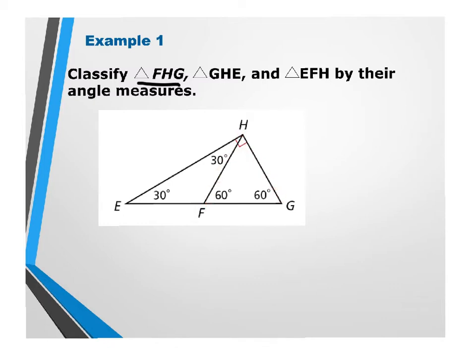We can see that all three of these angles are acute. If we find this angle measurement right here, from what is left over of 90 degrees, it is going to be 60 degrees. So this right here is an equiangular triangle. Triangle FHG is equiangular.